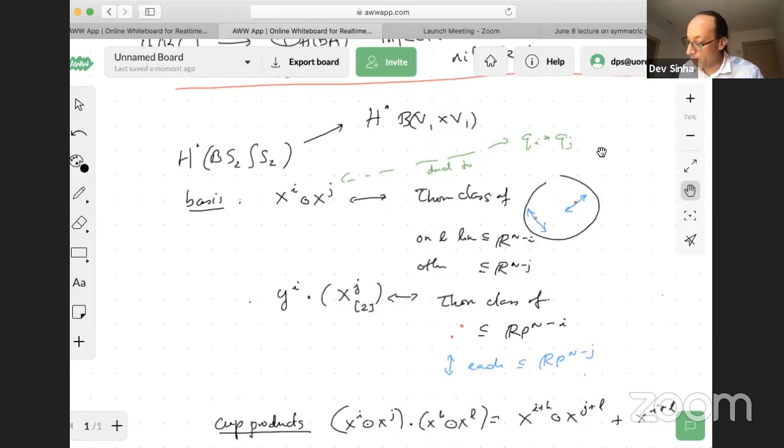The reason they're generators is y^i transfer x^j divided power 2 times y^k transfer x^l divided power 2 is what you would expect: y^(i+k) transfer x^(j+l) divided power 2. But the key thing is that we're going to think about these generators.